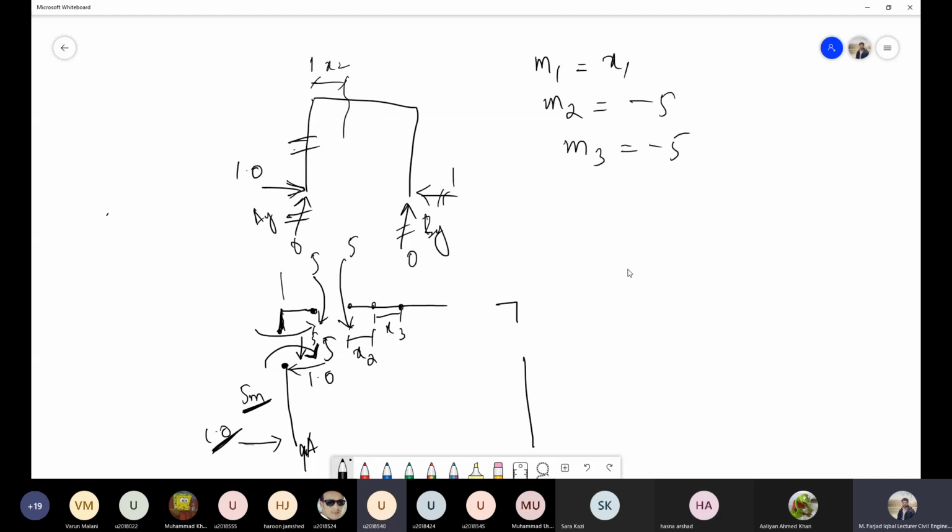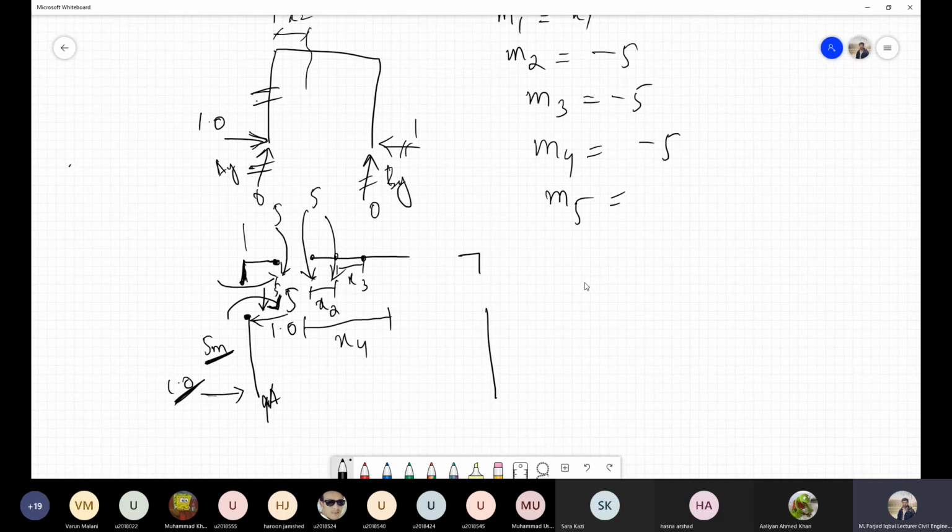Again -5. -5 because we are taking this as negative. What about M4? -5. Let's take it as -5 because again it is the same thing. And what about M5?